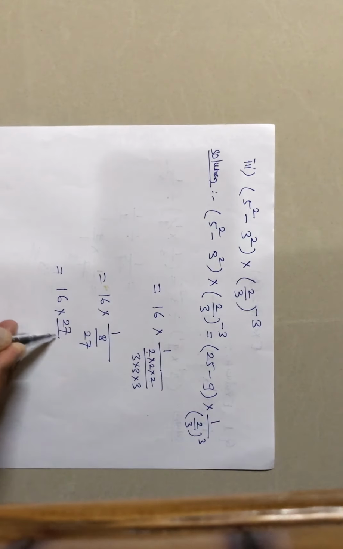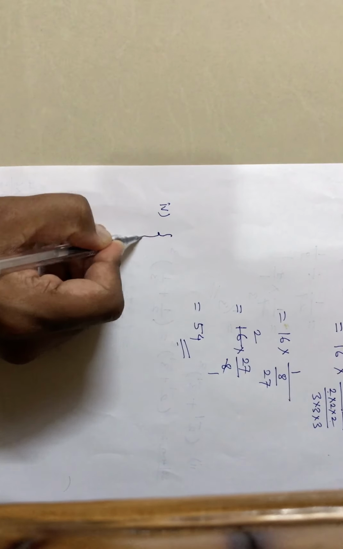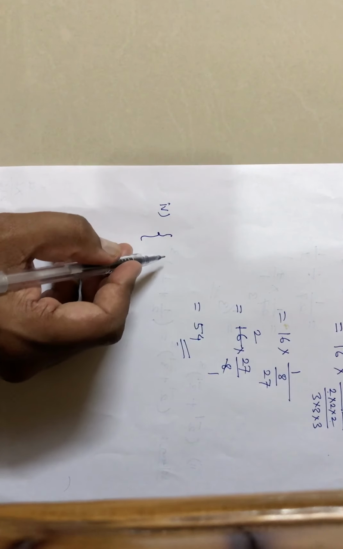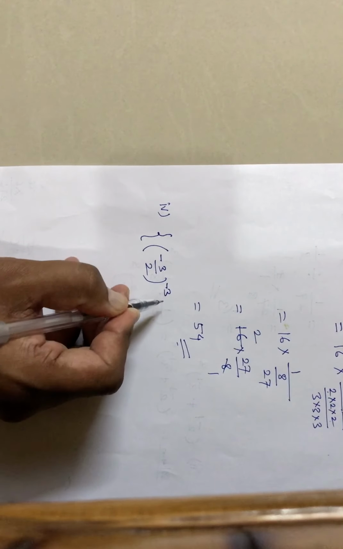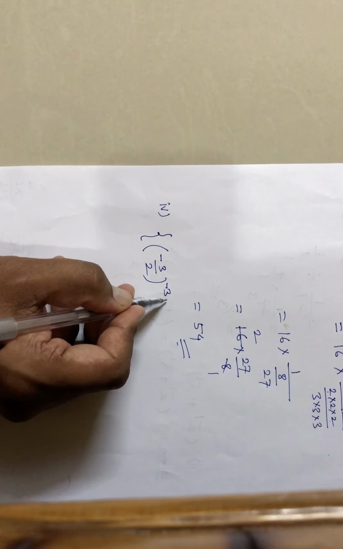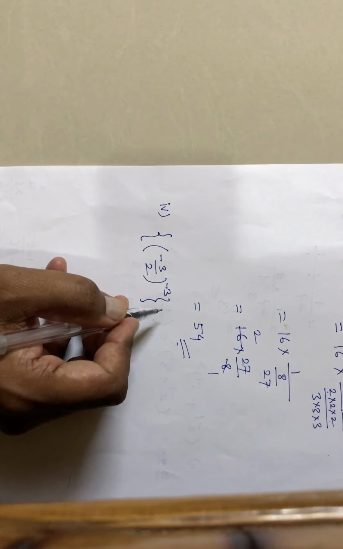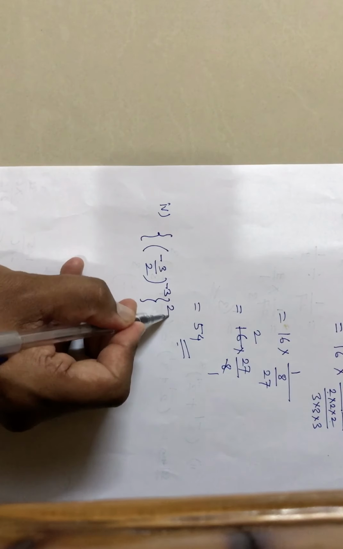Now we'll see another example, example 4. Same, evaluate, in curly bracket, small bracket, minus 3 upon 2 raised to the power minus 3, curly bracket close, and raised to the power 2.